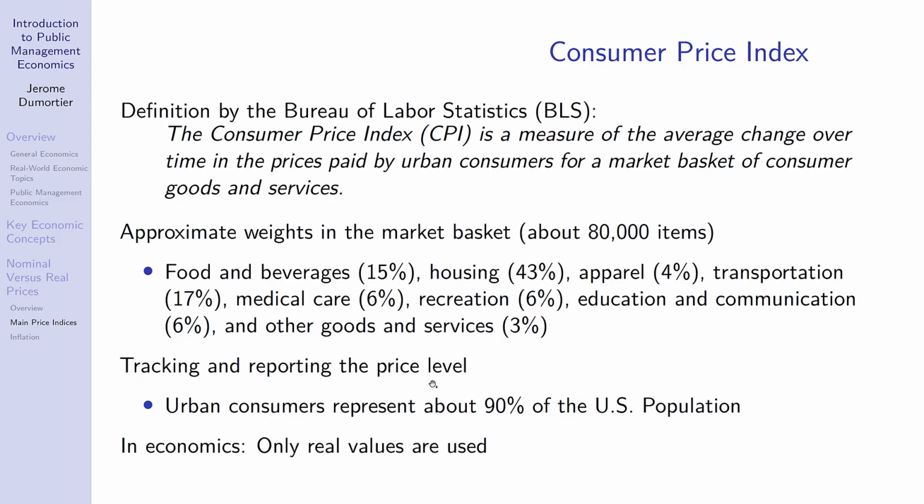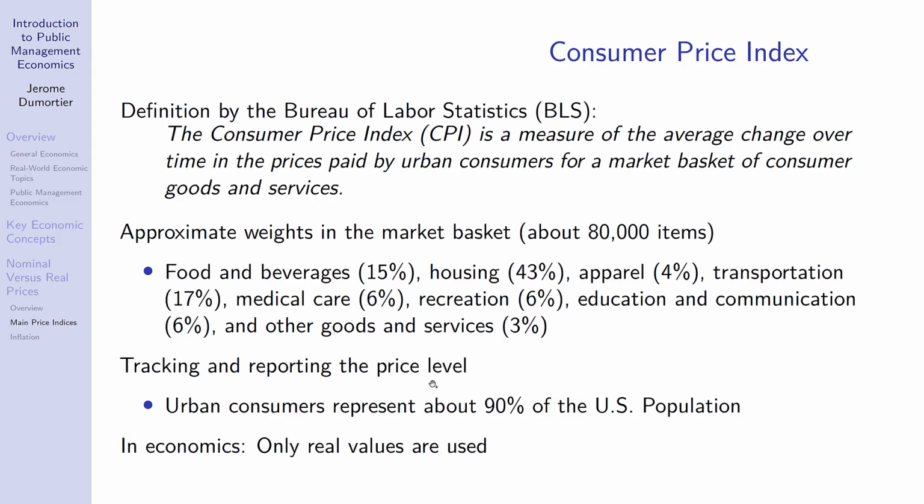So you can see that housing represents about 43% of the expenditures, and transportation is about 17% of the expenditures. Note that urban consumer represents about 90% of the US population, meaning that the term is relatively broadly defined.